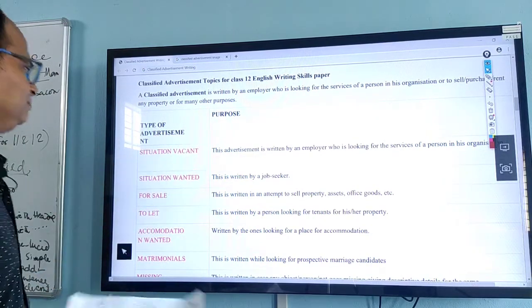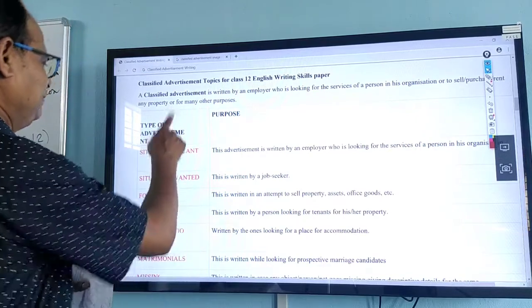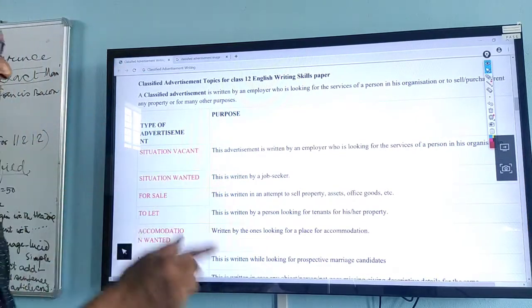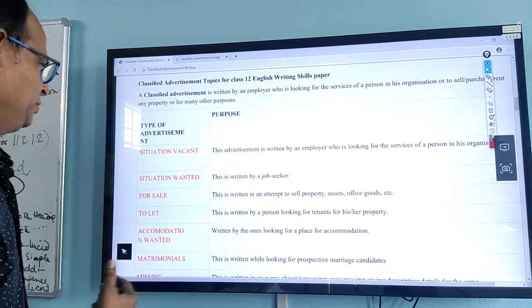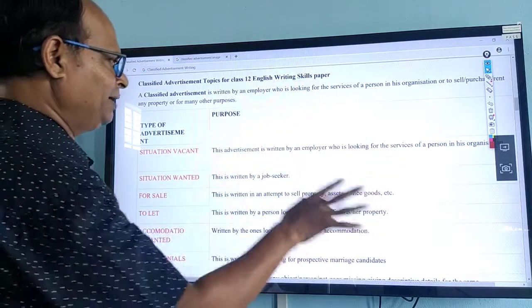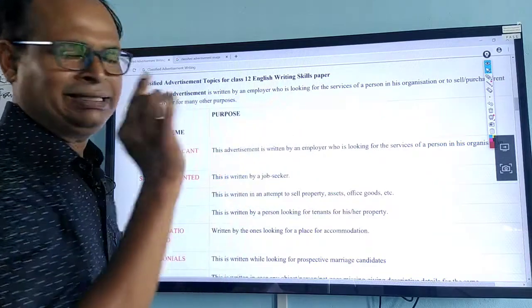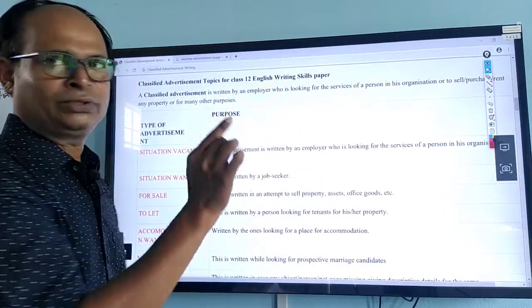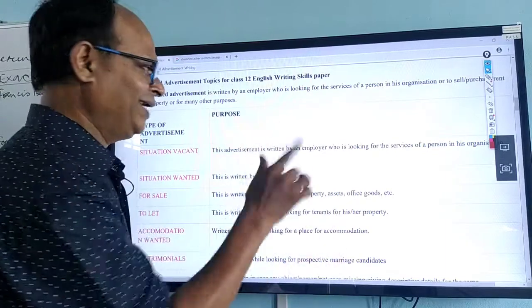Now let us see the types of advertisement. First one, situation vacant. Let us recapitulate: there will be a box, and inside the box, at the top middle, we will have to write situation vacant.